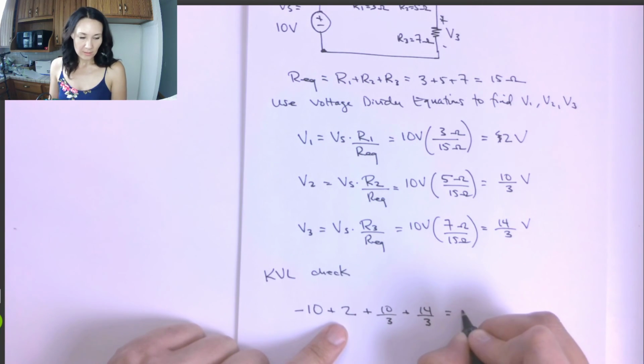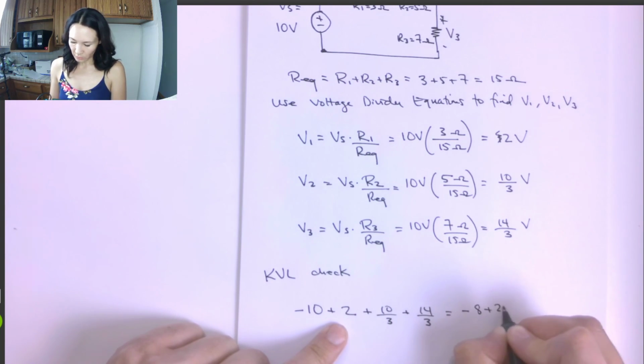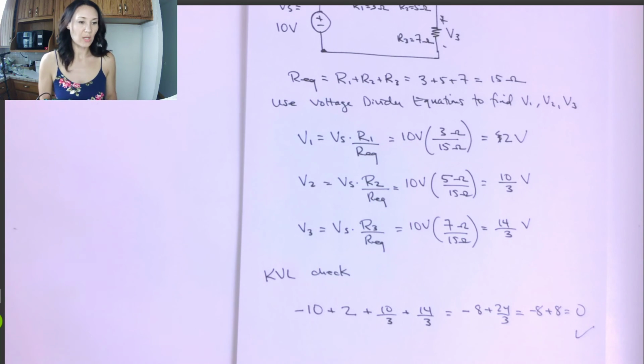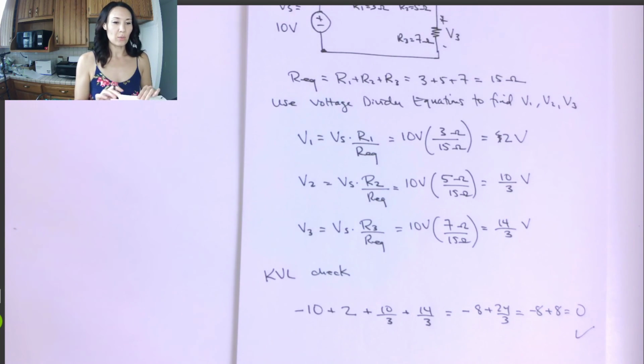So that's going to give us negative 8 plus 24 over 3, or negative 8 plus 8, which is equal to 0. So our KVL check works, and that's how we use voltage divider equations to find voltage drop across resistors in series.